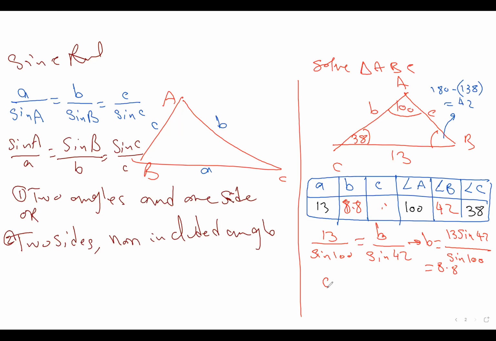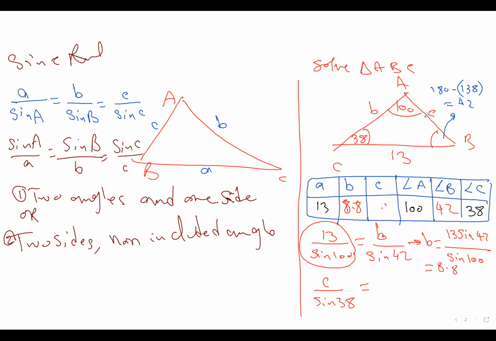Okay. C over sine 38 equals, please use the first one, the given one, and if you have some mistakes in the second one, you will ignore it. So use the first given, the given in the exercise itself.